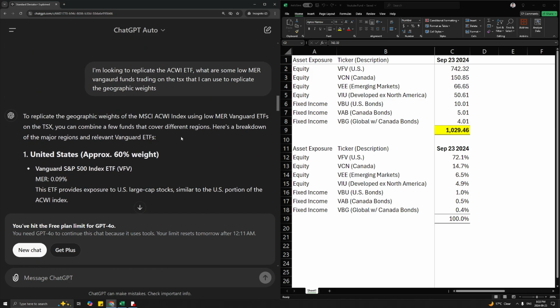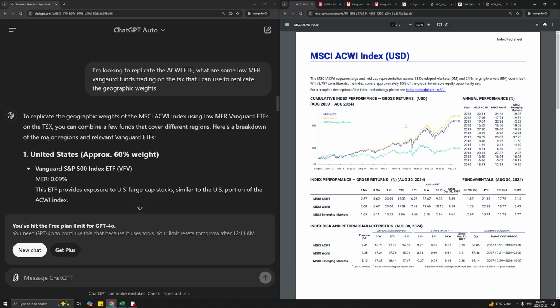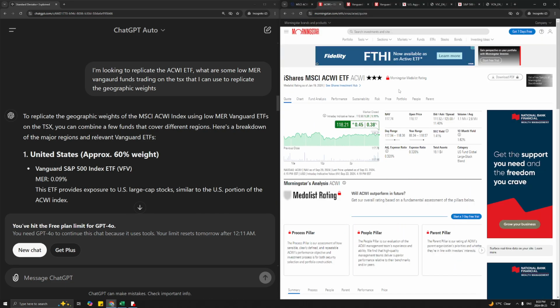We're an hour in, so let's do a review. We looked up this index and we were like, okay, let's copy this. Let's make a globally diversified portfolio. Then we looked up this ACWI.